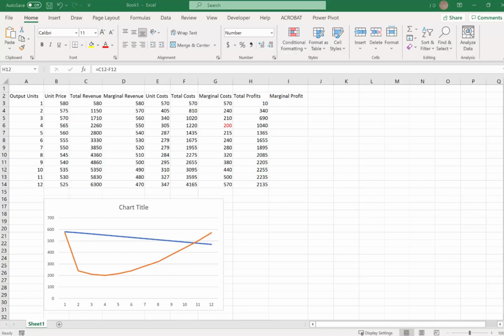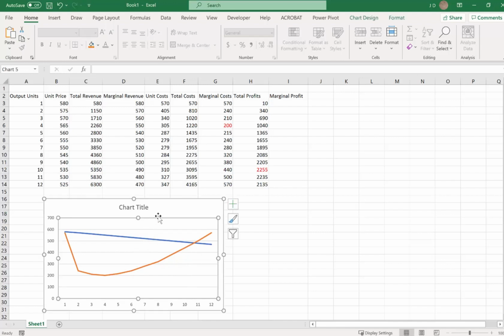If you look at the total profit, which is right here, that's when you maximize your total profit. That's around 10, 11 right here.